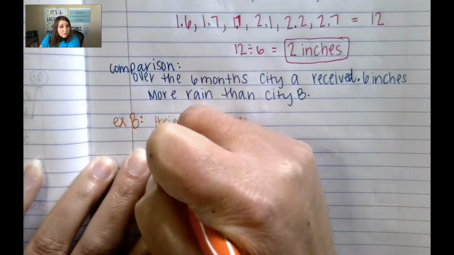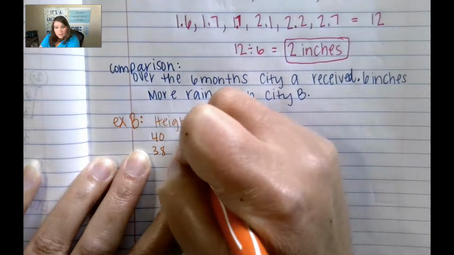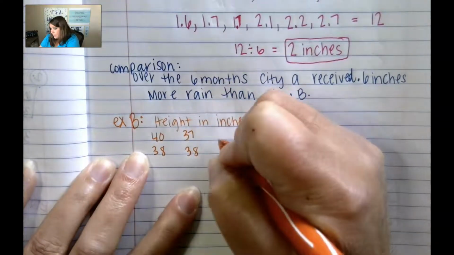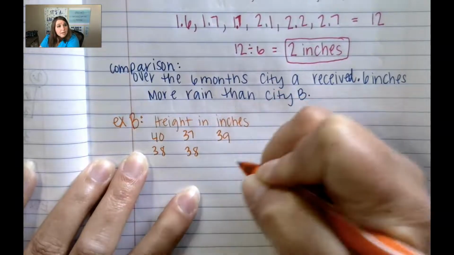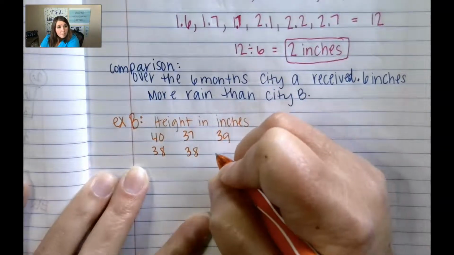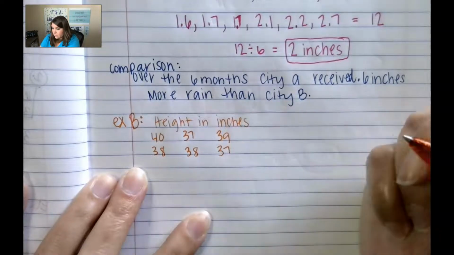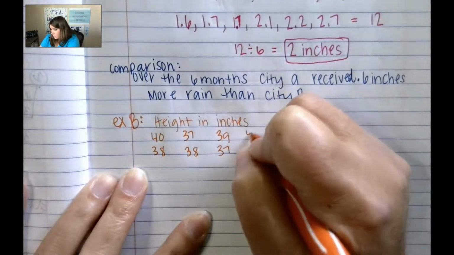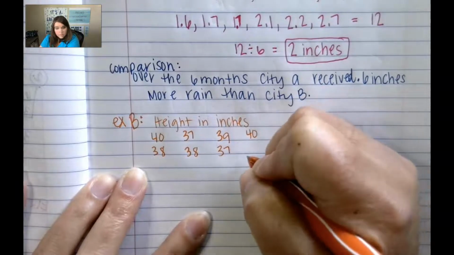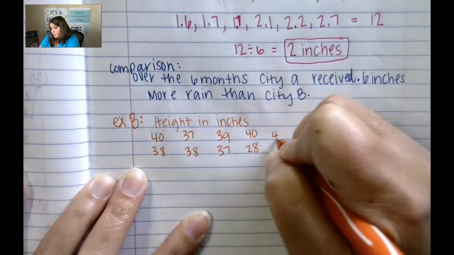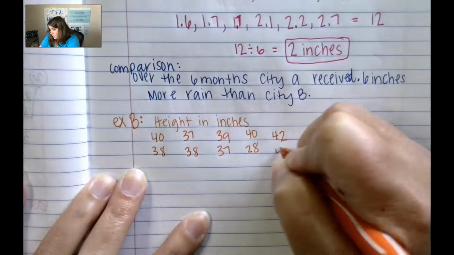We had 38. We had 37 and another 38. This pony was 39. This pony here was 37. We had a 40, and we had a 28, and we had a 42 and a 40.